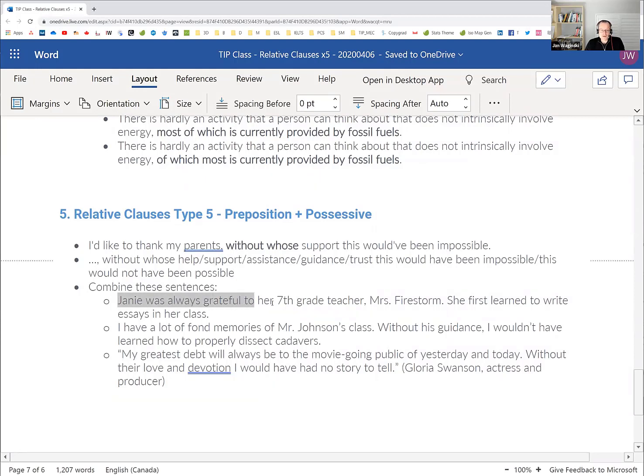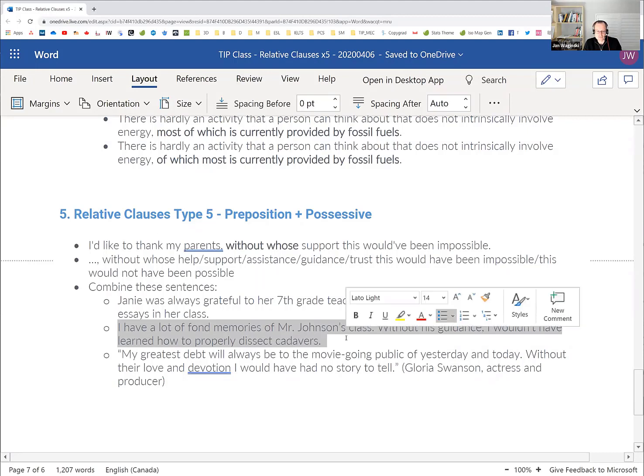Janie was always grateful to her 7th grade teacher, Mrs. Firestorm. She first learned to write essays in her class. Oh, sorry, this is from the wrong place. Forget that example. I have a lot of fond memories of Mr. Johnson's class. Without his guidance, I wouldn't have learned how to properly dissect cadavers.